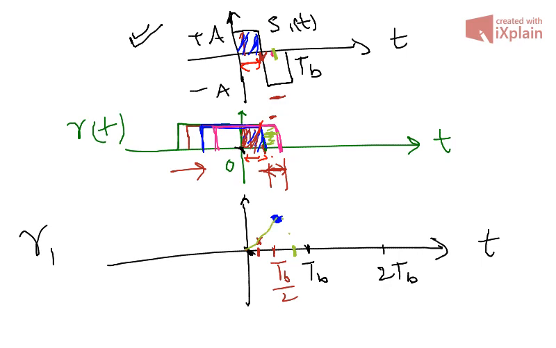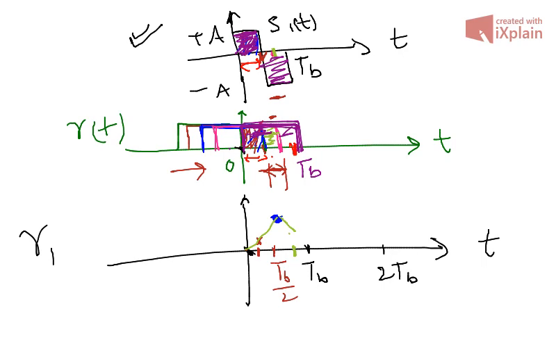So you have an increasing curve at Tb over 2, then it decreases, and when you observe this product at Tb, that is when your signal completely overlaps. When it is completely received at Tb, the positive area is equal to the negative area, because a positive product with a negative gives you a negative number.